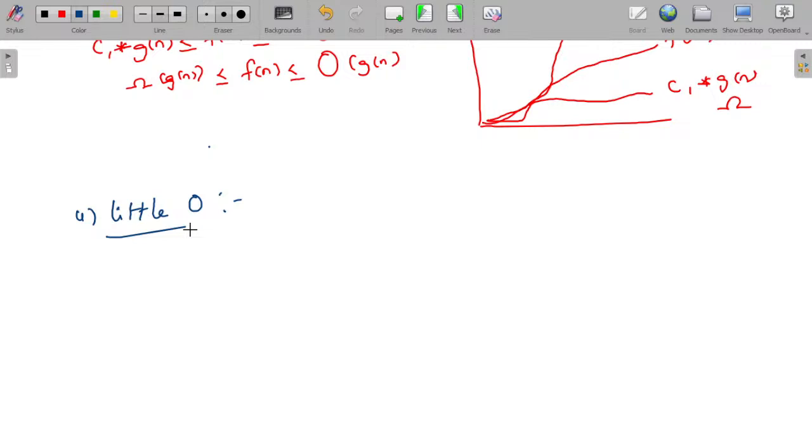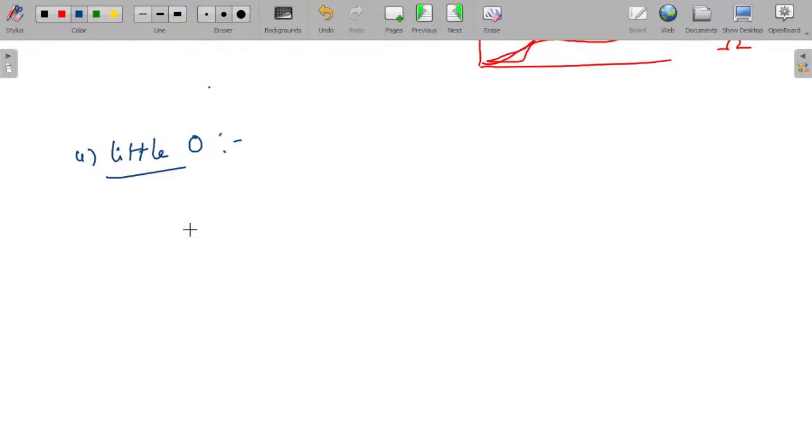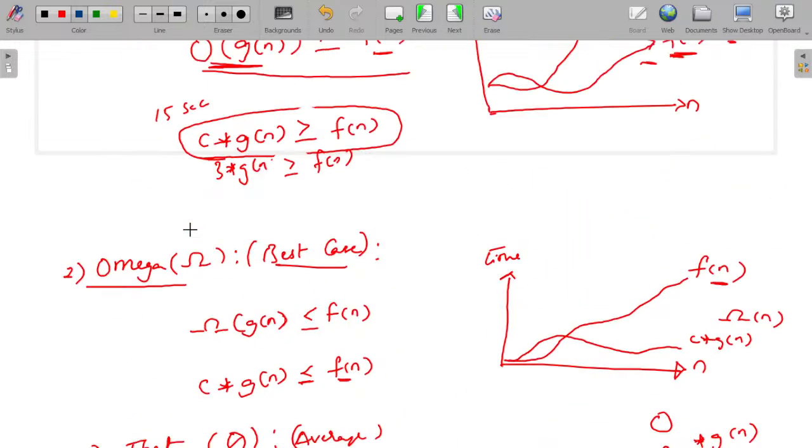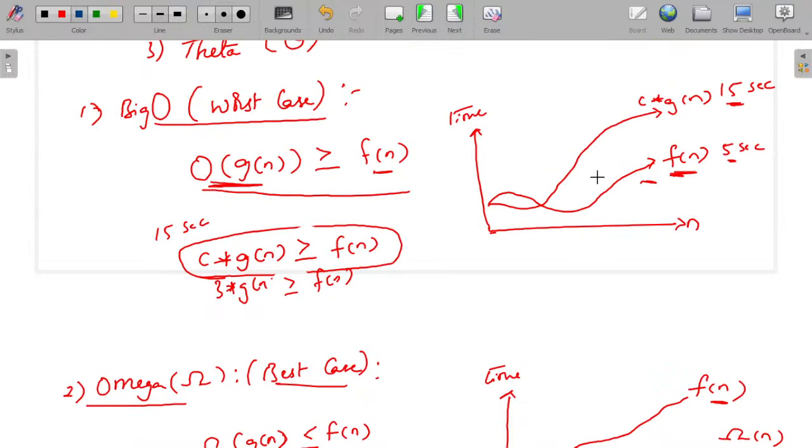What exactly is the difference between little o and big O notation? Both represent the upper bound itself, but is it a loose upper bound or a tight upper bound? That is where the answer lies. If you see the graph of big O notation, this particular bound, which we call the upper bound, is a tight upper bound.